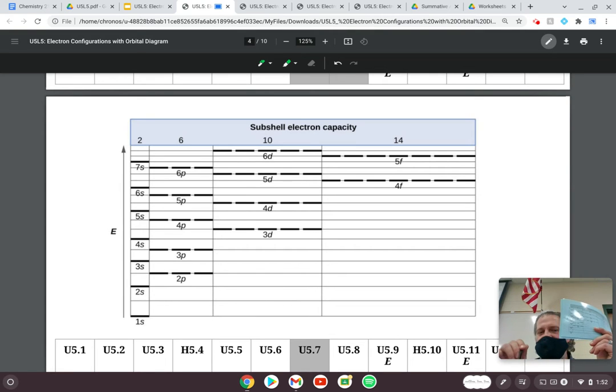So in the 1s, it can hold 2. In the 2p, there's 3 dashes, 2 plus 2 plus 2 is 6. In the 3d, there's 5 dashes, 2 plus 2 plus 2 plus 2 plus 2 is 10. And in the 4f, there are 7 dashes, and I think you get the idea, hopefully.